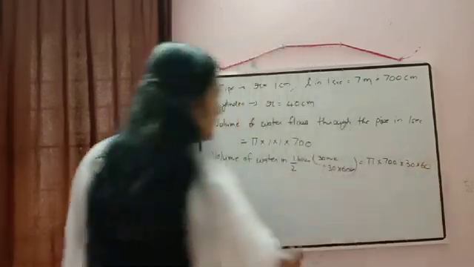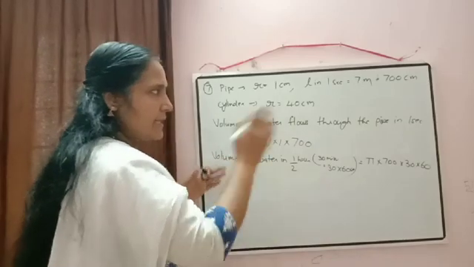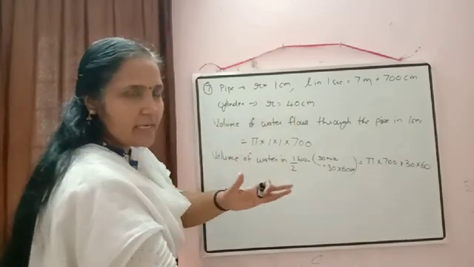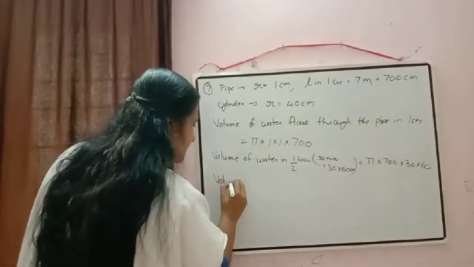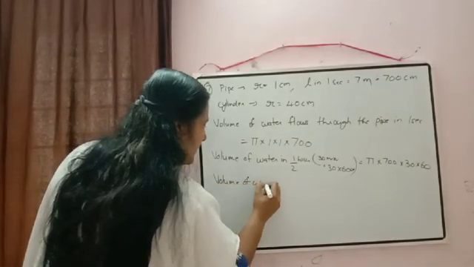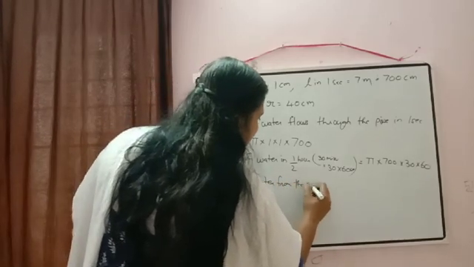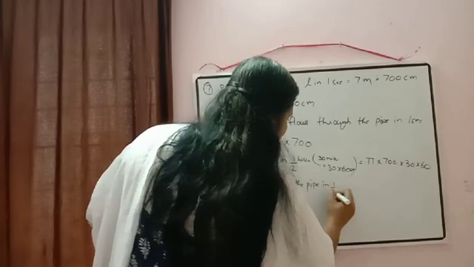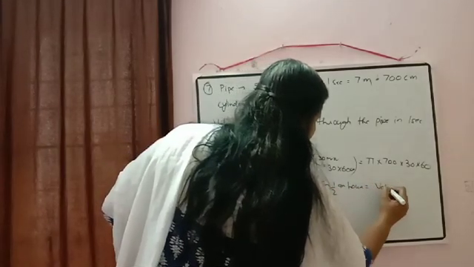So how much water flows through the pipe in half an hour? That much water is going where? It is going in the cylinder. So now we will write down here, volume of water from the pipe in half an hour is equal to volume of cylinder.